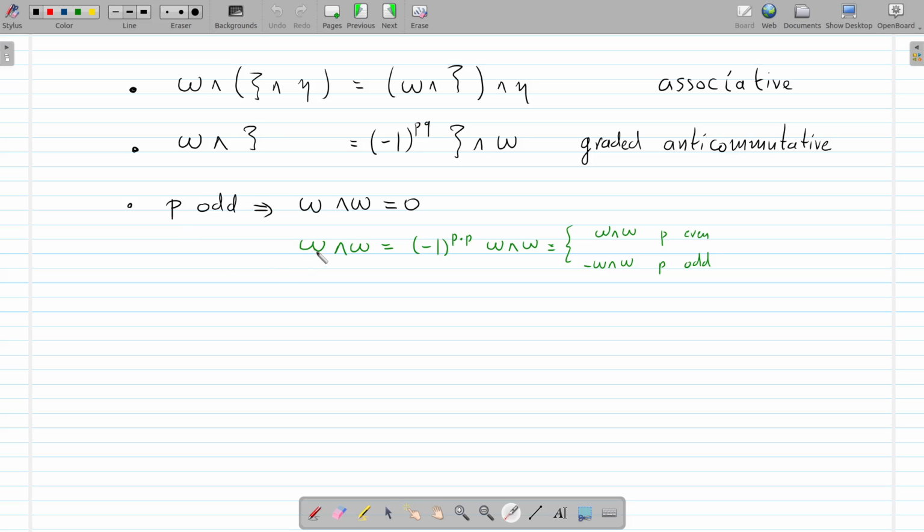And the reason is that omega wedge omega, if we apply this anti-commutative property here with itself, then it should be equal to omega wedge omega, but with a sign minus 1 to the p square. But if p is even, that is a plus sign, so this is a trivial identity. But when p is odd, then this is minus to itself. So this is possible only when omega wedge omega is equal to 0.